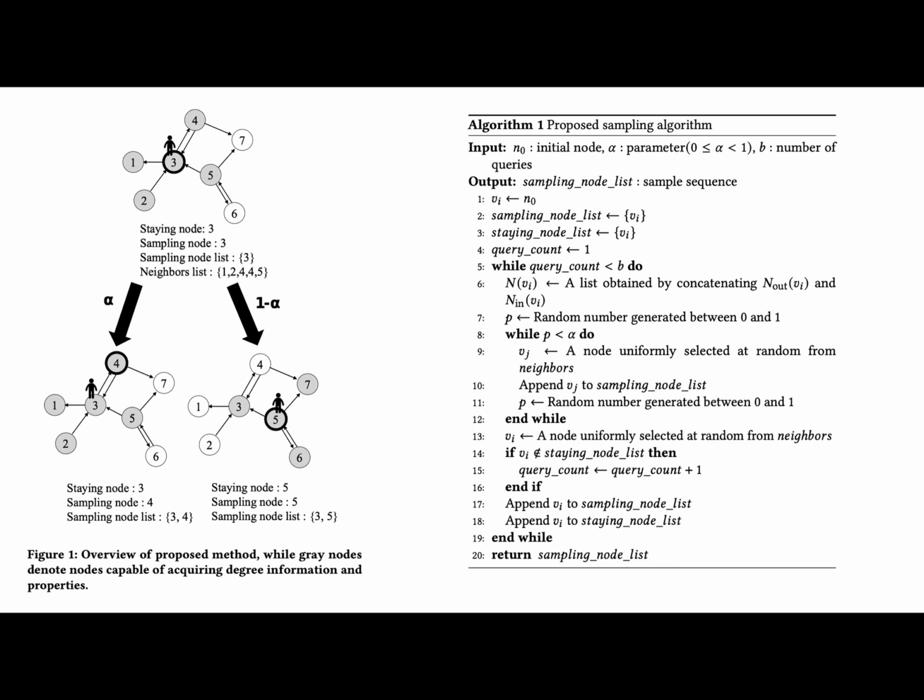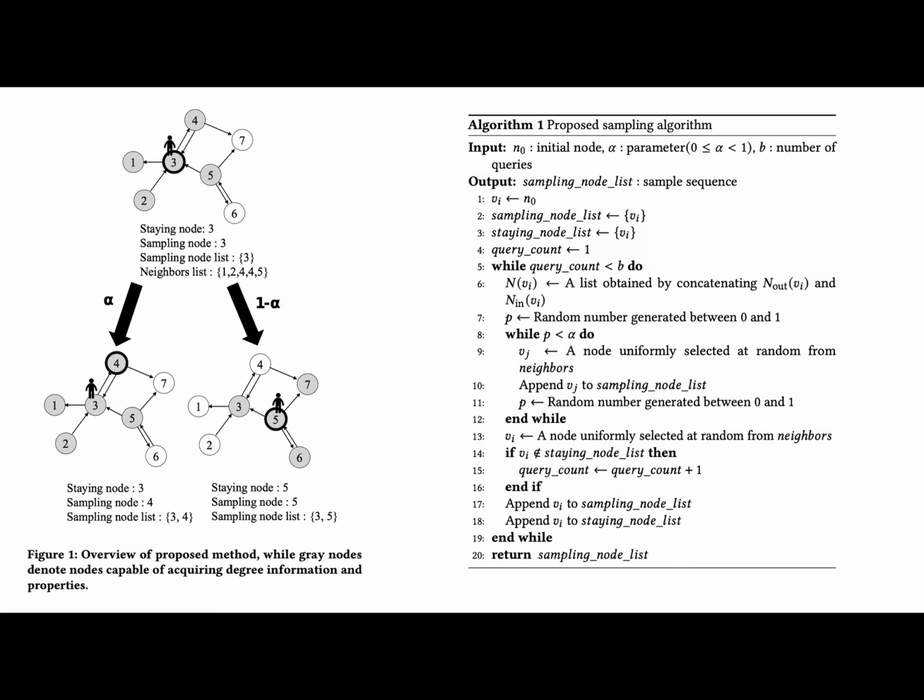So this is the overview of the proposed method. Gray nodes denote nodes capable of acquiring degree information and properties. So for example, you are staying at node 3, your sampling node is 4, but the sampling node list is 3 and 4.